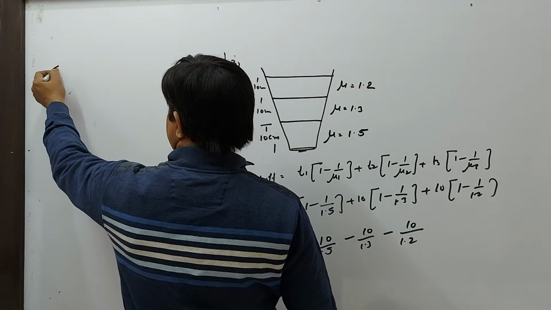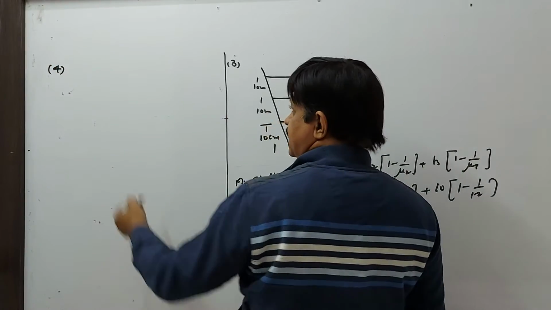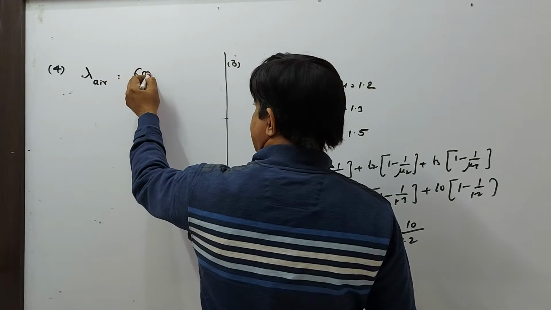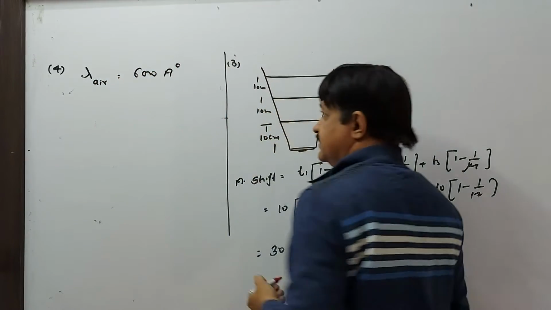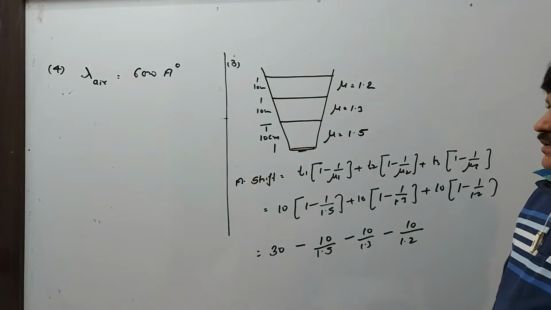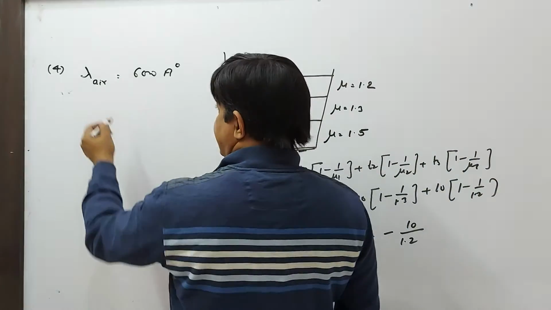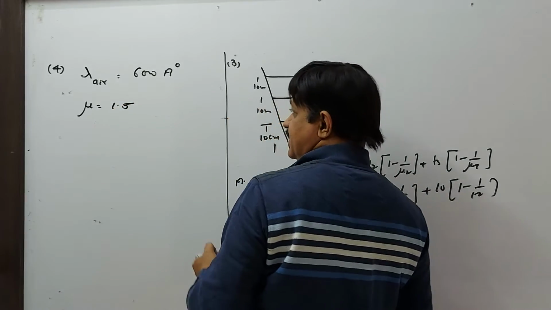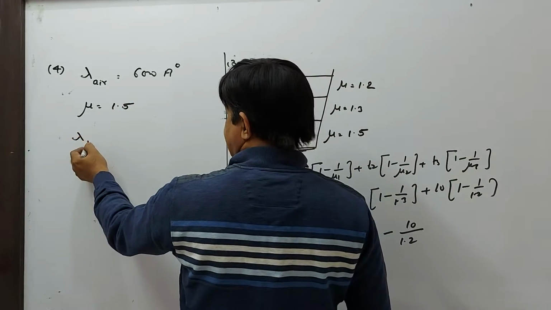कंसेप्ट नंबर 4 नाउ. वेवलेंथ एयर में दे रखी है हमें 6000 एंगस्ट्रम. जब ये लाइट किसी रिफ्रैक्टिव इंडेक्स 1.5 में एंटर करती है, what will be the new wavelength?